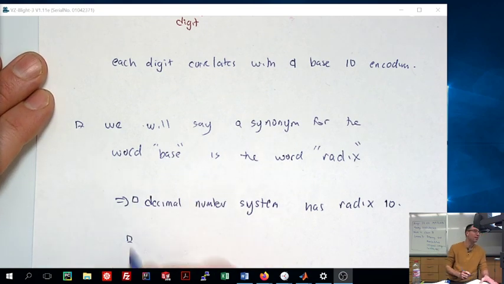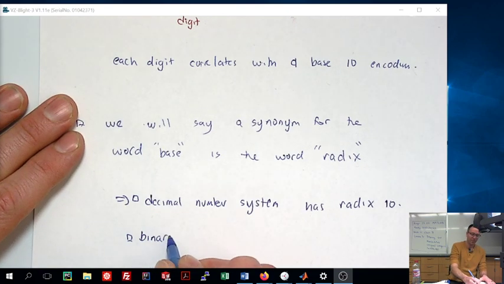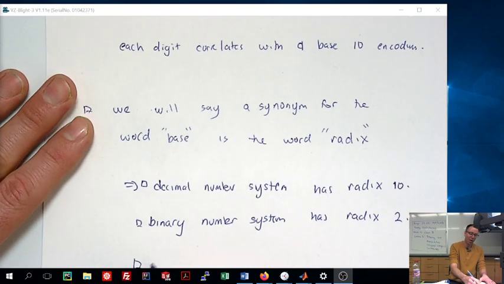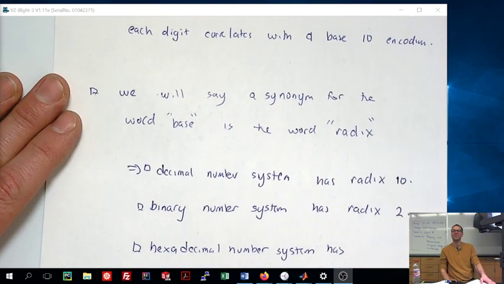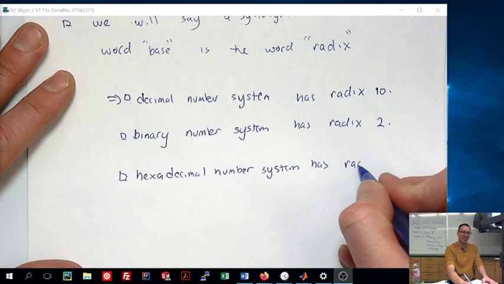Say that one more time. Okay, so now I want you to say the same sentence to me using the phrase binary number system. The binary number system has radix 2. Now I want you to say the same sentence to me using the word hexadecimal. The hexadecimal number system has radix 16.